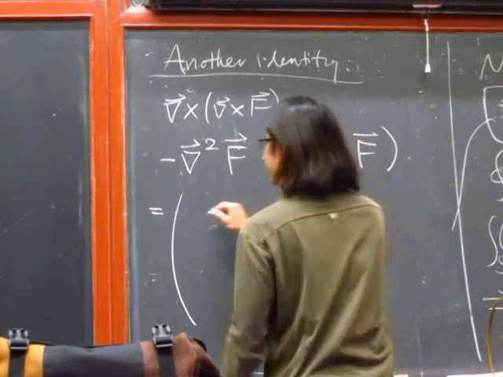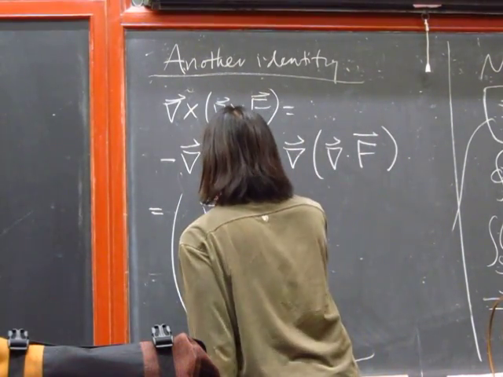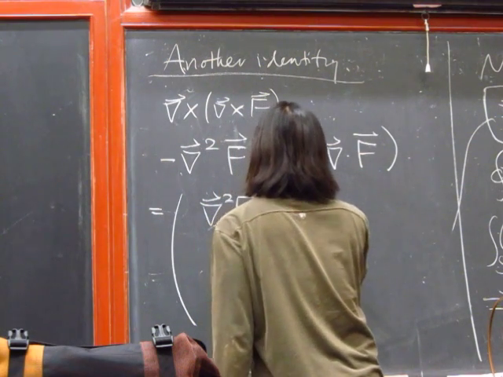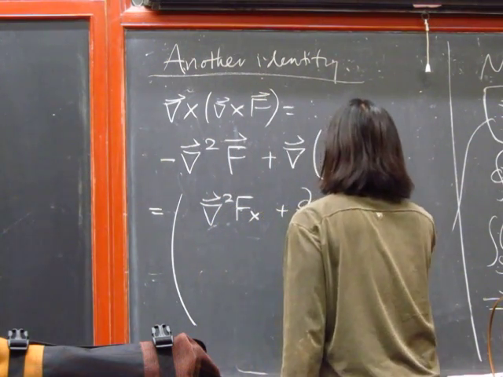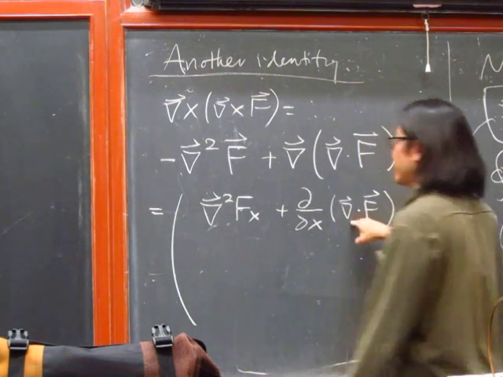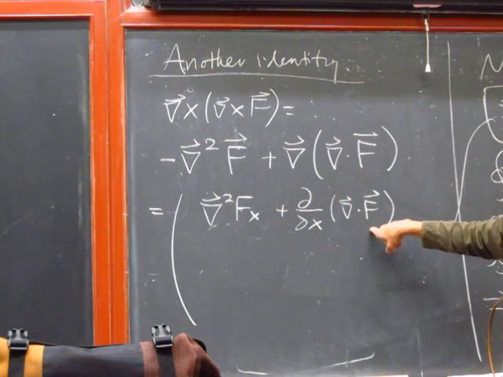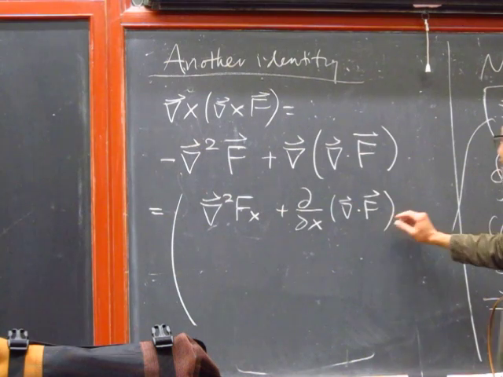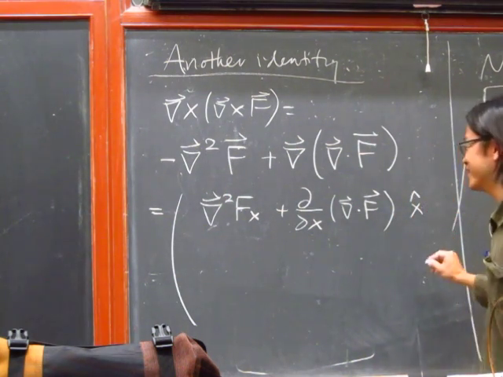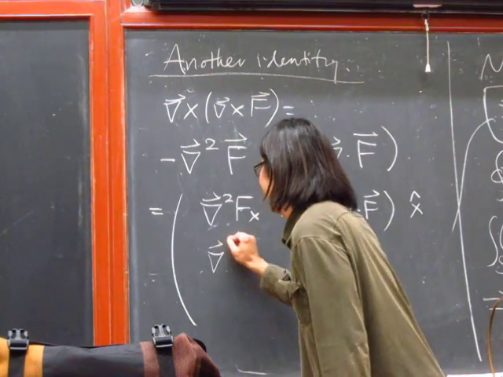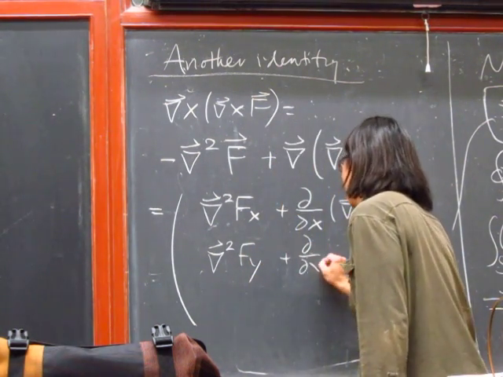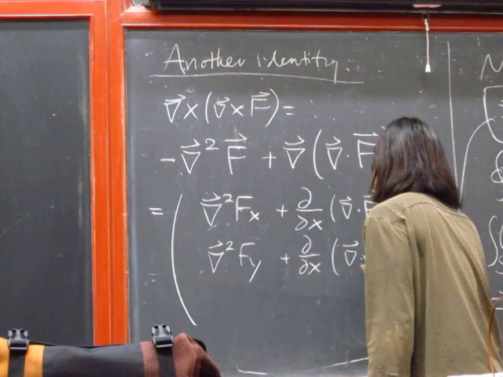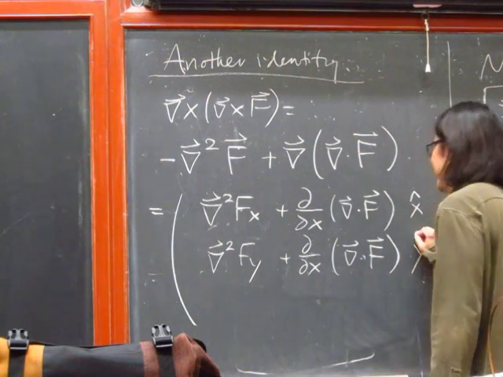It's just a vector with 3 components. This is the Laplacian of fx plus d/dx of the divergence of f. Divergence of f is always a scalar, right? And this is already the x direction. And then the Laplacian of fy plus d/dy of the divergence of f in the y direction.